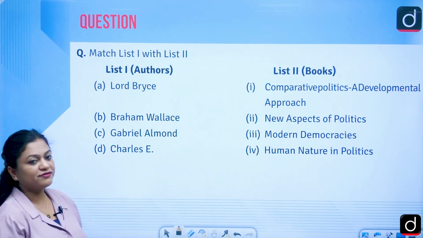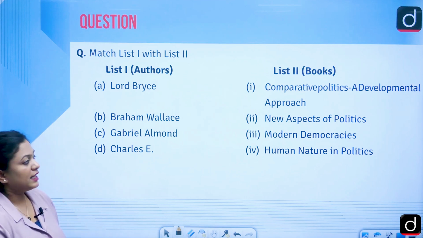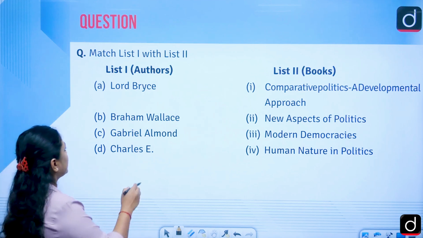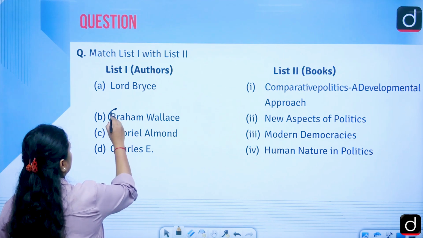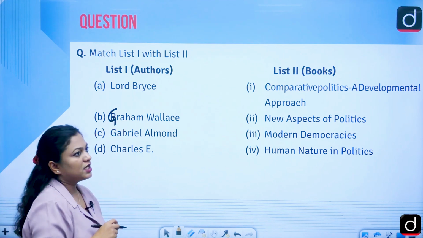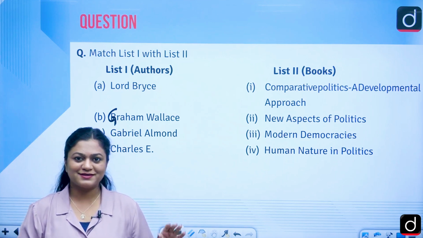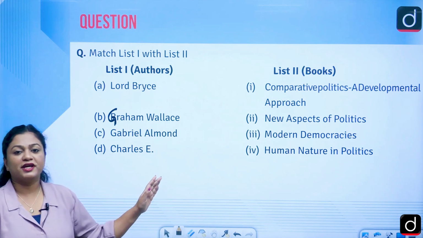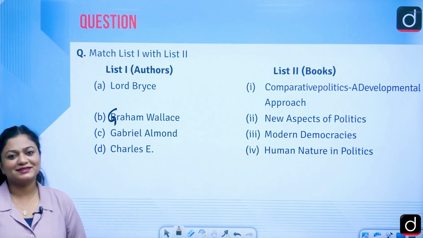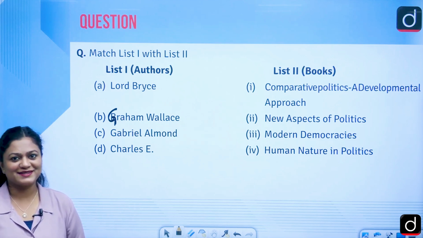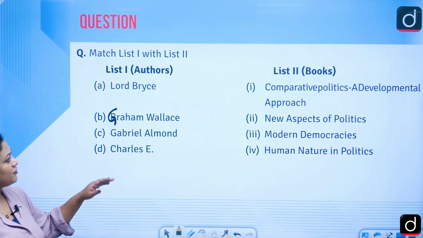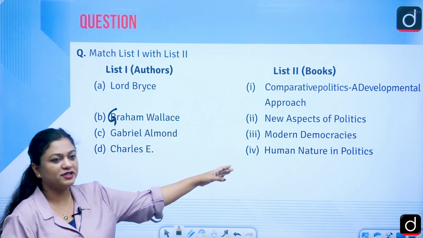We have to match the following. In this list, you can find Graham Wallas. In this list, you can see many institutionalist writers, the behavioralists, as well as structural functional analysis. So here we have to match the following with the names of the books.